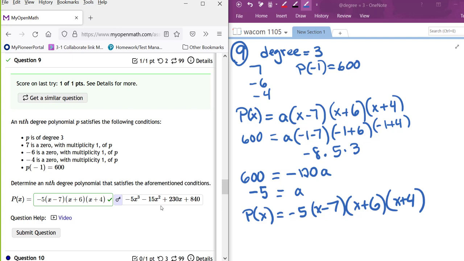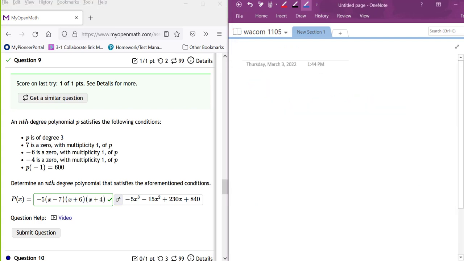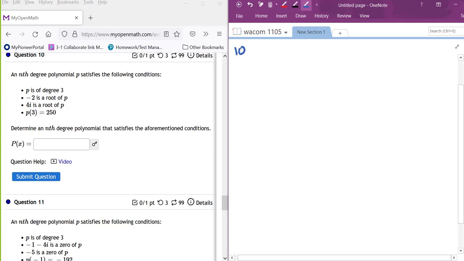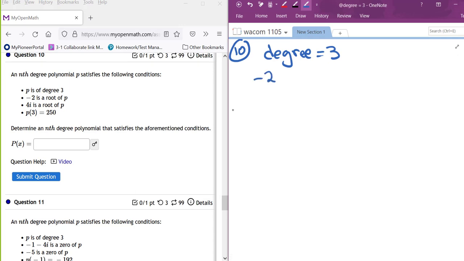All right. We'll look at 10. 10 has some complex zeros. So it says P is degree 3. -2 is a root. 4i is a root.